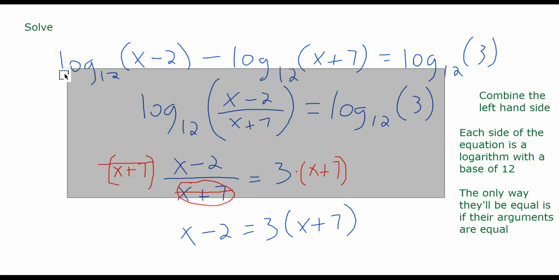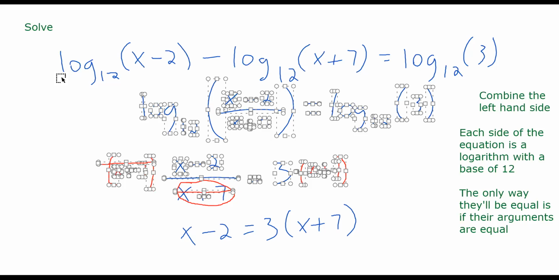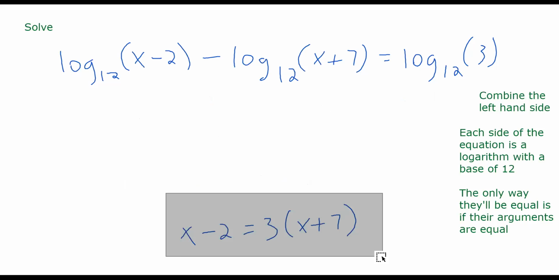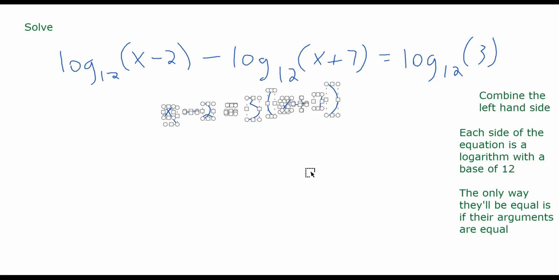Now I've got to clear some room here. We're down to here at this point. Now we're just solving for x. There's no logarithms involved anymore at the moment. This is just solving a simple one variable linear equation.